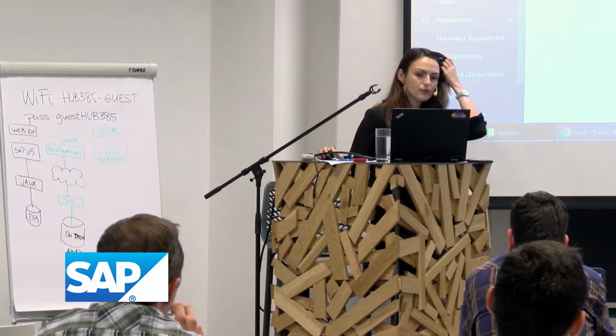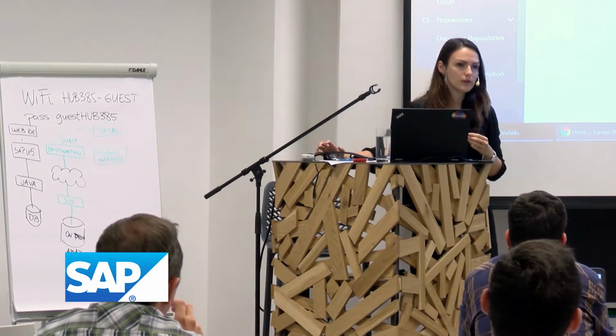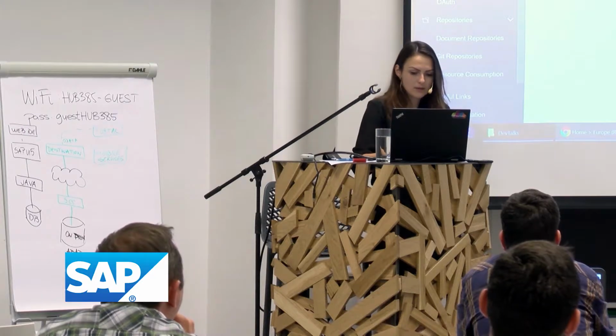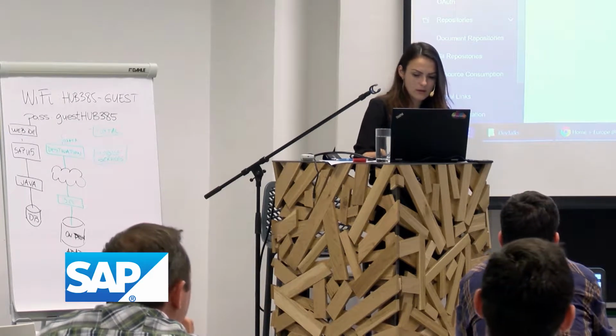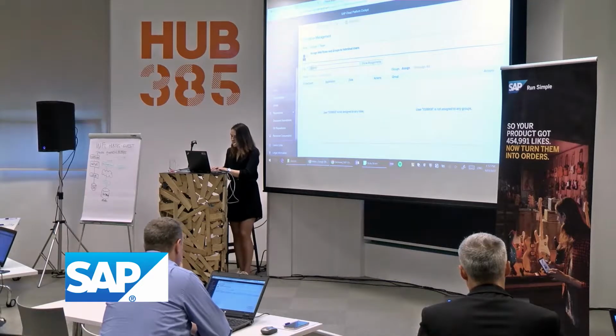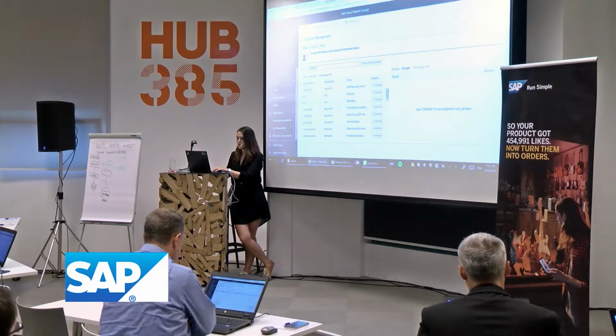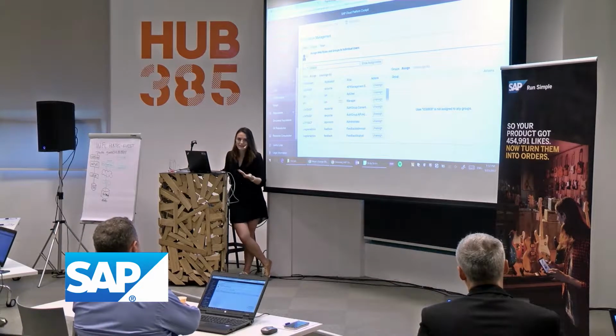Also, you will have to grant your users authorizations for all the services that you need to use. For instance, I will insert here my user. And I will see that I have access to most of the services because I have used them.